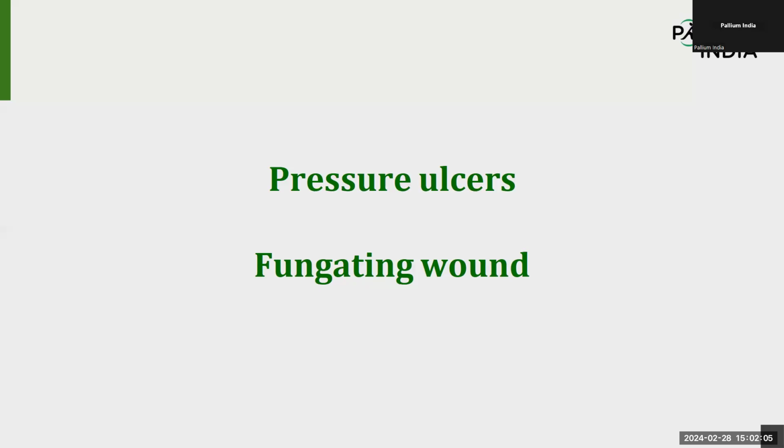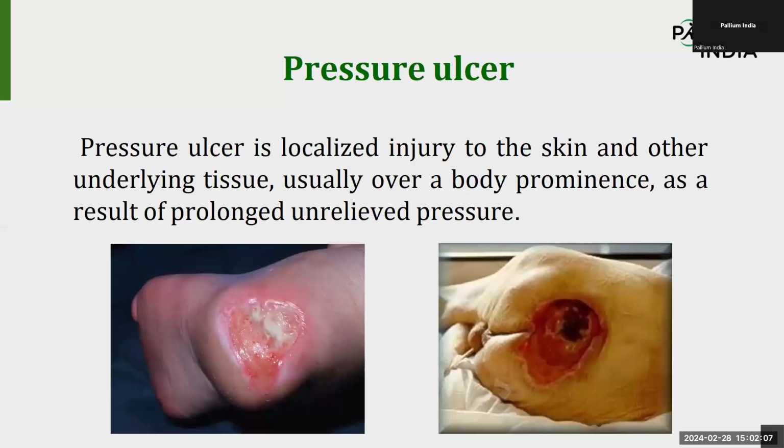So, a pressure ulcer is a localized injury to the skin and other underlying tissue, usually over a body prominence, as a result of prolonged unrelieved pressure. Exactly, due to the friction or unrelieved pressure to the particular area, it will affect the skin integrity.